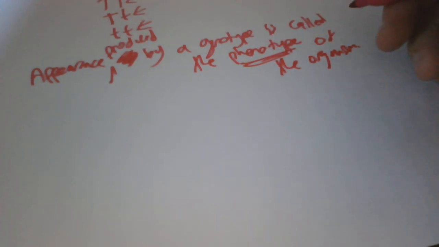Okay. And dominant genes, I should mention, are denoted by capital letters. Okay. So for example, this is the dominant gene. Remember, capital T for tall. And the lowercase one is a recessive gene. And that's it.